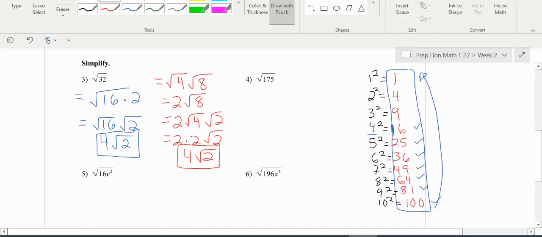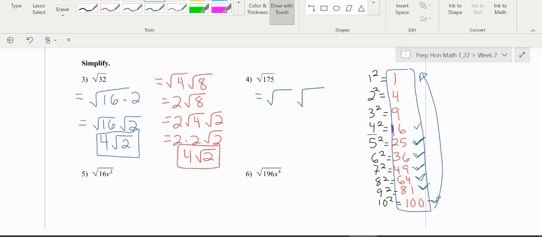For the next one, the square root of 175, it's the same thing. So I'm going to go ahead and find my largest perfect square that divides into 175. So I can see 100 won't work, 81 doesn't work, 64, 36, but 25 does work. So 25 is going to divide into 175.